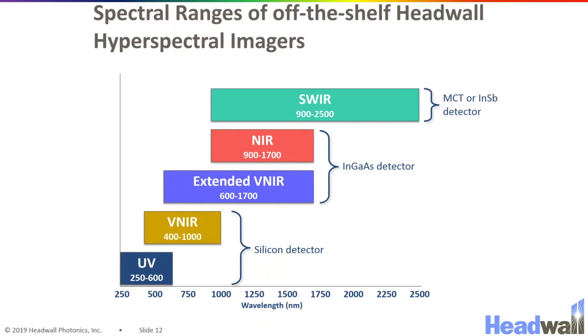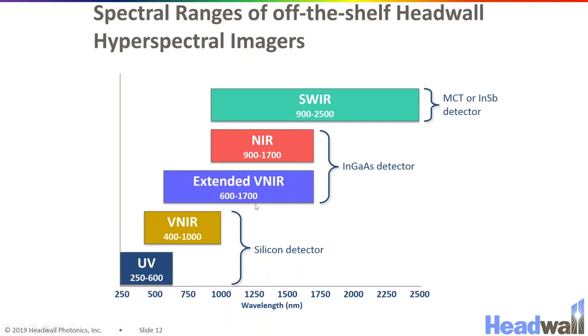Finally, here is an overview of the different products in Headwall's hyperspectral imaging catalog. They are categorized by the spectral range that they cover, and also the detector technology that is used in the focal plane array for each of those sensors. So our most common sensors are the visible near-infrared sensors that cover 400 to 1000 nanometers. And those all use silicon detectors, which are, of course, the most common and most well-developed detector technology.